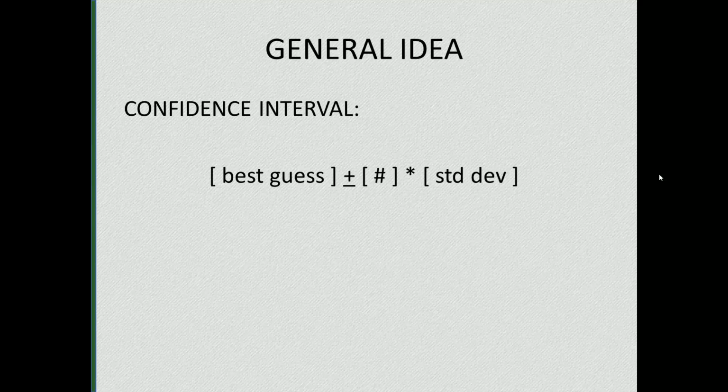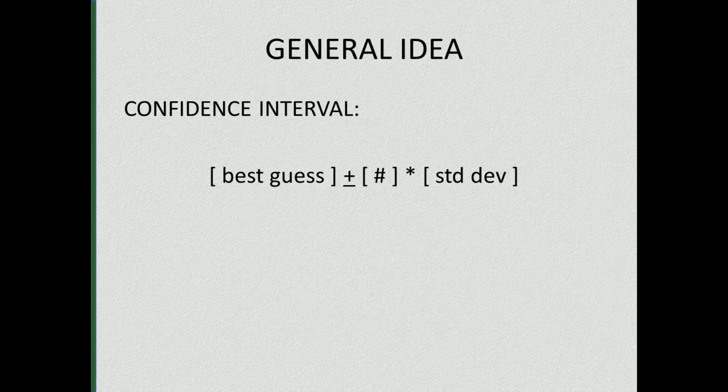But the thing to remember is that they are all deep down really the same formula. That every confidence interval we look at in bell curve world starts with the best guess and goes out from there a certain number of standard deviations.